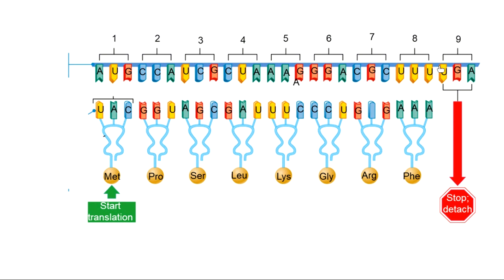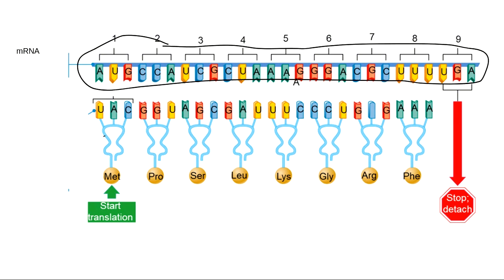Now, remember from class, I'll point this out for you: when we're looking at this picture and practicing the process of translation, we only care about the sequence of the mRNA. We only care about these bases right here. These are the ones that matter to us. I don't want you to confuse yourself with these letters right here.